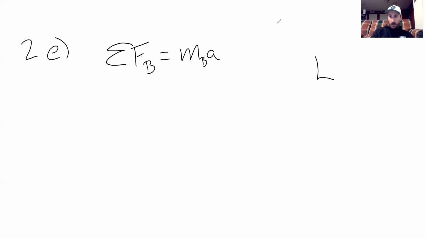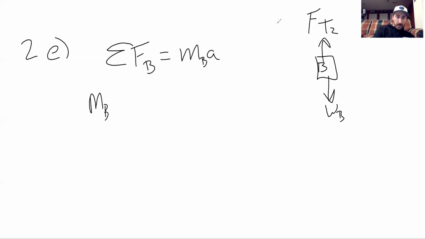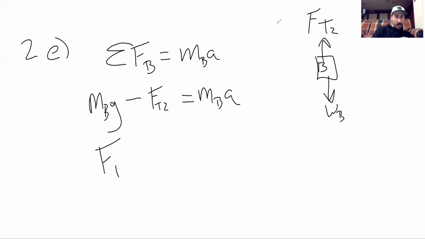So basically, block B is going to look like this: force of T2, and then weight of B. So what I can do is I got mBg, down positive, minus T2 equals mB a, and we're only dealing with block B. So if I solve for tension, I want to see how tension goes here.